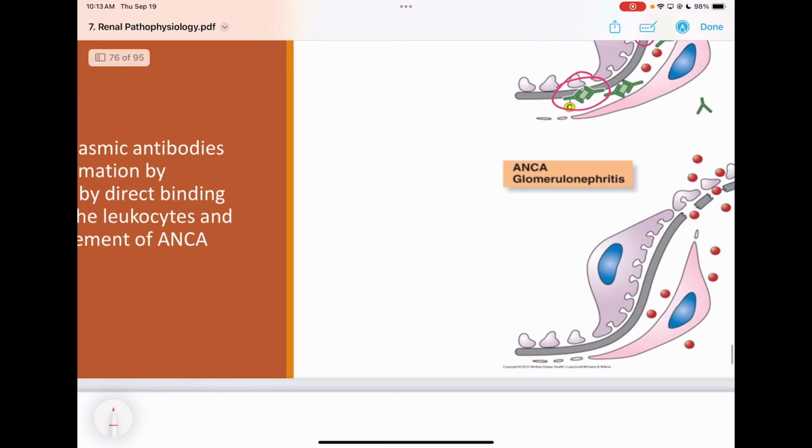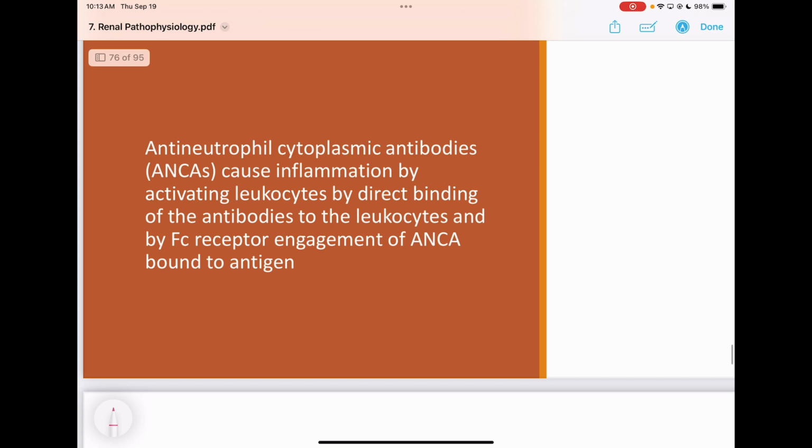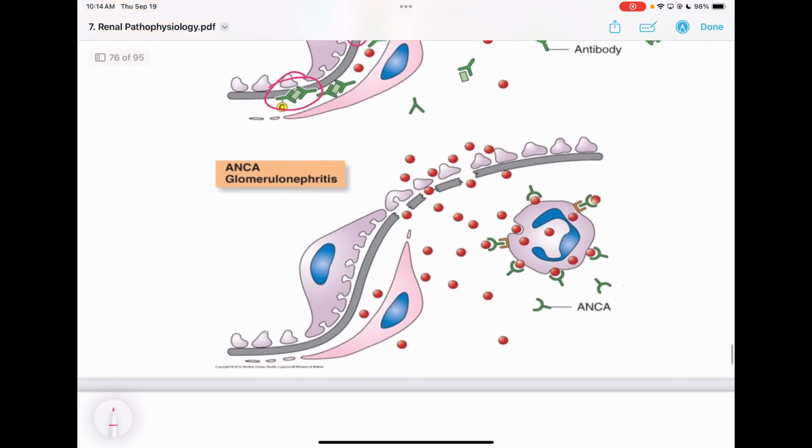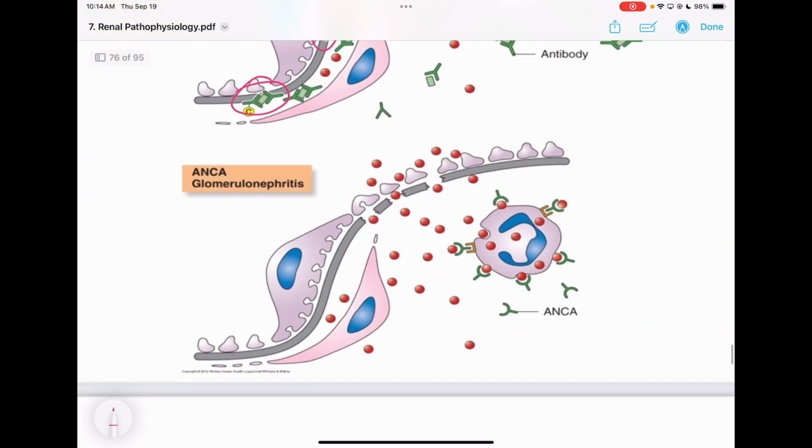And this last one is ANCA, and ANCA means anti-neutrophil cytoplasmic antibodies. You're going to get this a lot when you get to room with Dr. Ovalle next year. But glomerulonephritis attacks, these are the ANCAs right there.